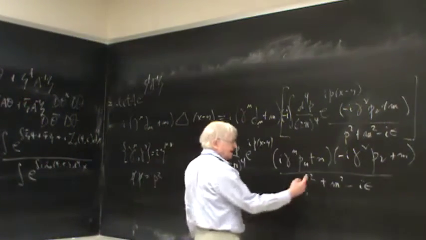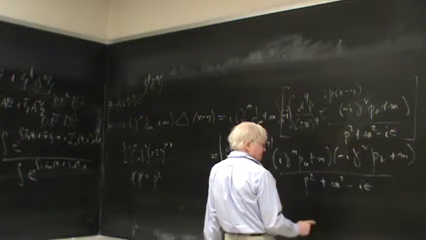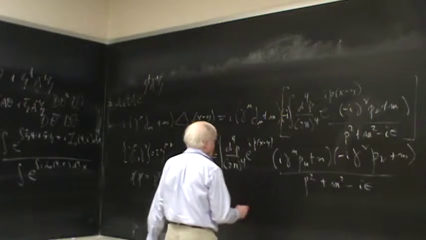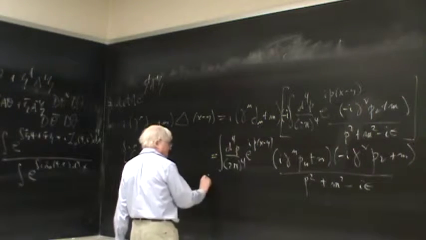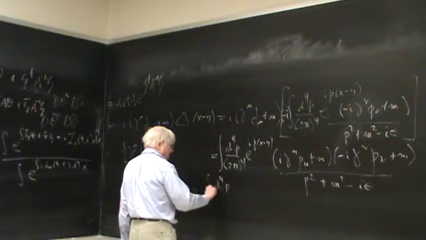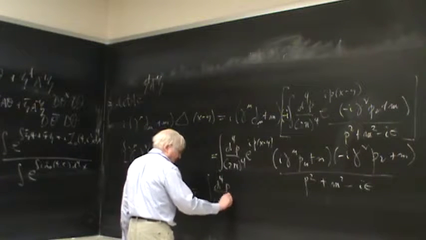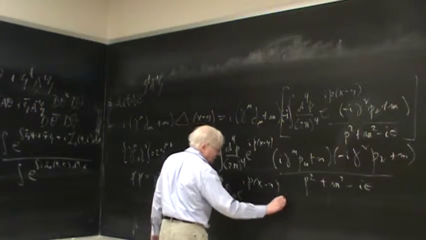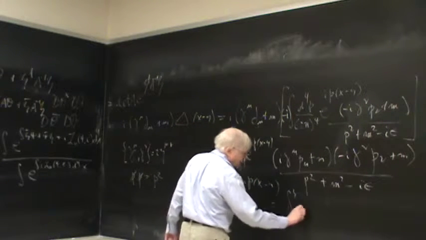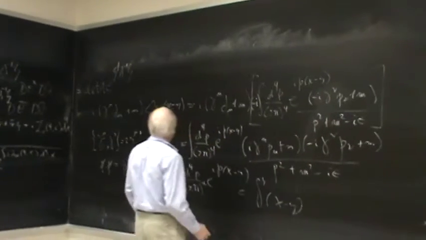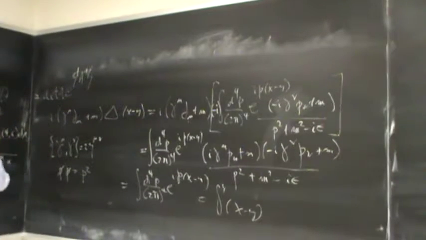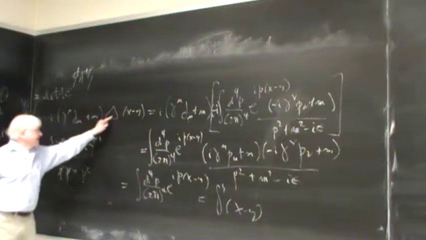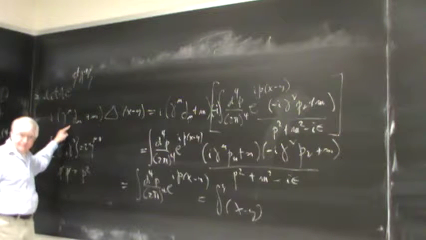And so what we get here is p squared plus m squared cancels, and this then is the integral d4p over 2 pi to the 4th, e to the i p (x minus y), and then this is just delta 4 of x minus y. Well, what that tells you then is that this thing is the inverse of that.